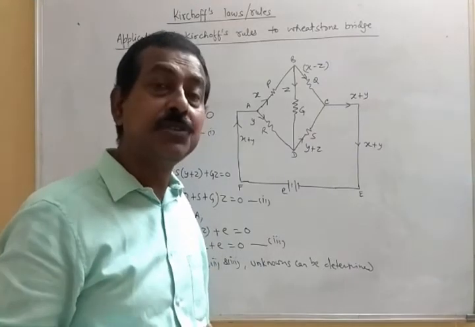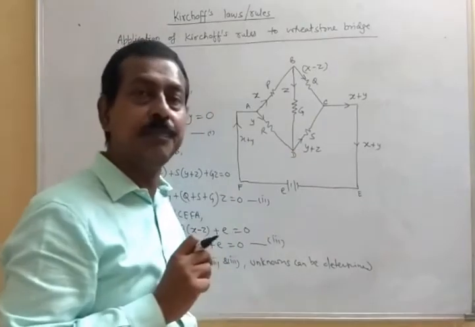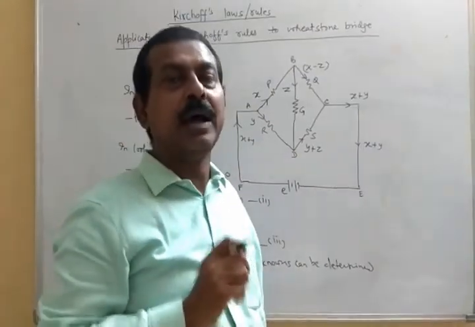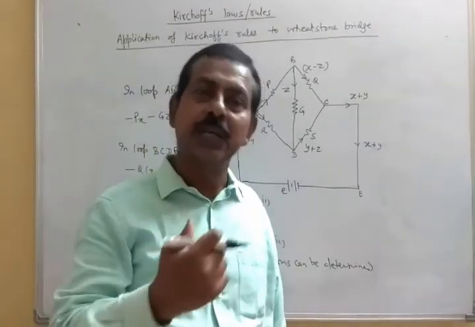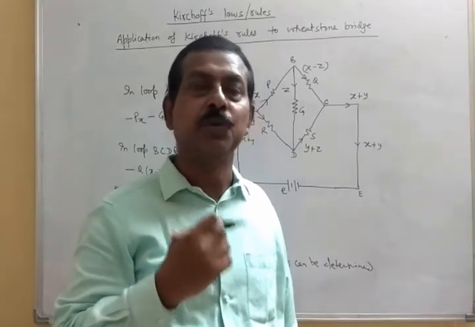And why is the potential difference 0? Because the potentials of B and D are equal. In the balanced state, potentials become equal at points B and D. So the potential difference will be 0 and hence no current will flow through the galvanometer arm.